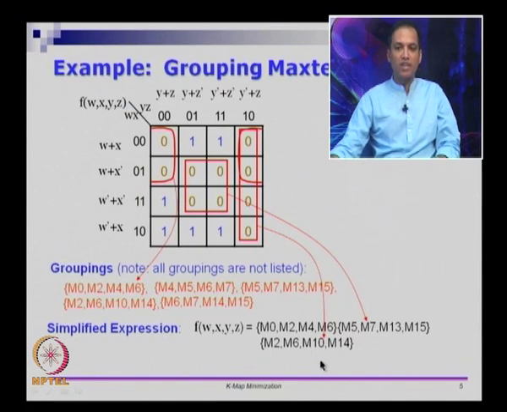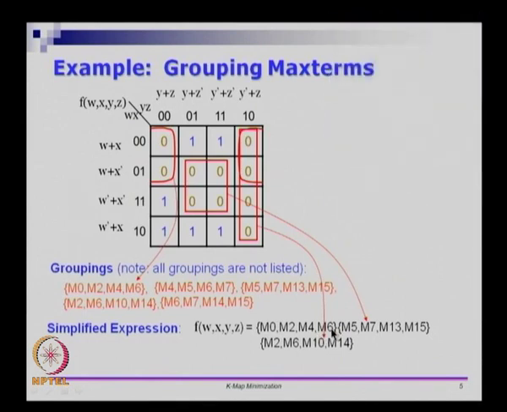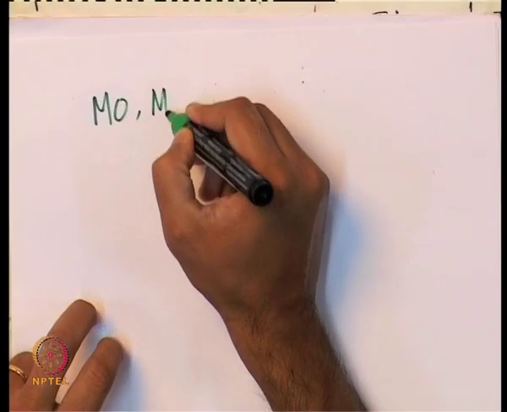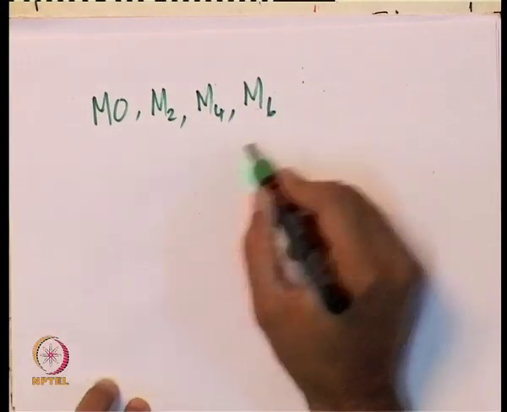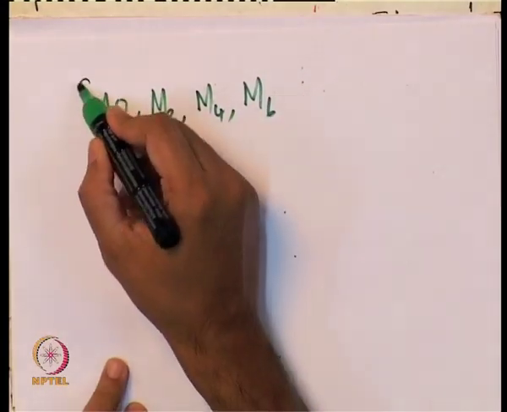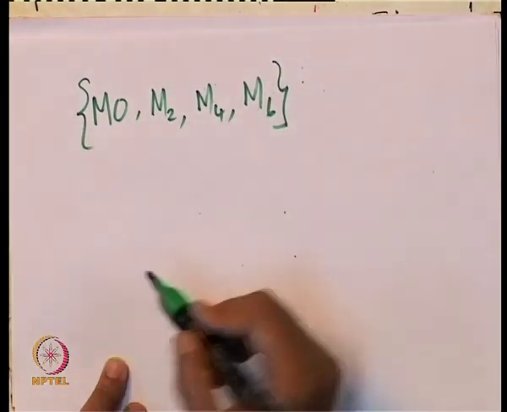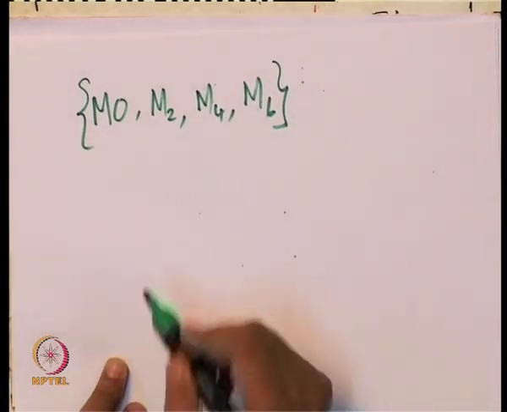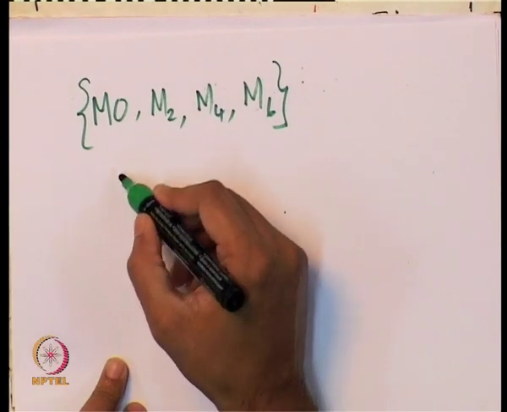Now we can go and write the expressions for this directly by looking at m0, m2, m4, m6. Let me show you how to get the corresponding expression for m0, m2, m4, m6. Remember, this is a set, it is not a product of these 4. So the sum term that corresponds to this should have this one.